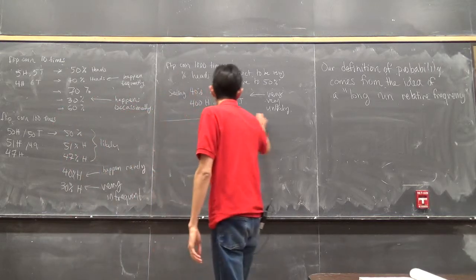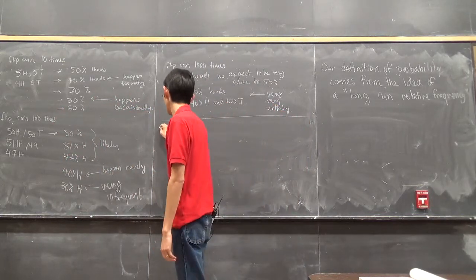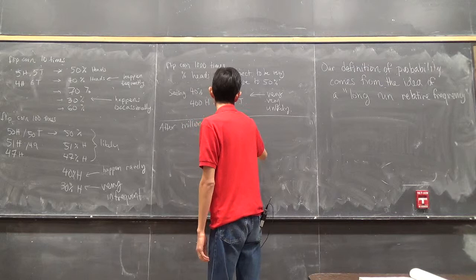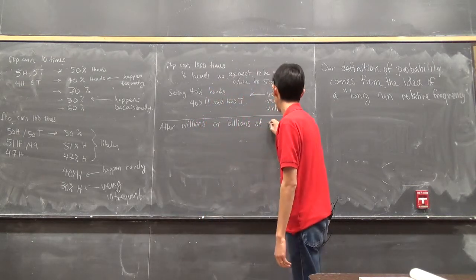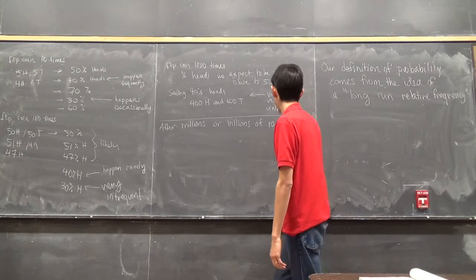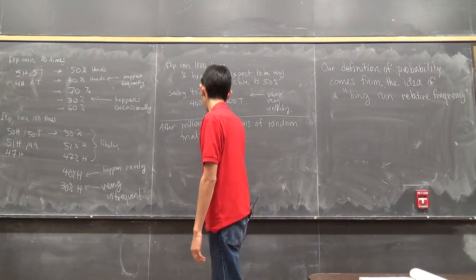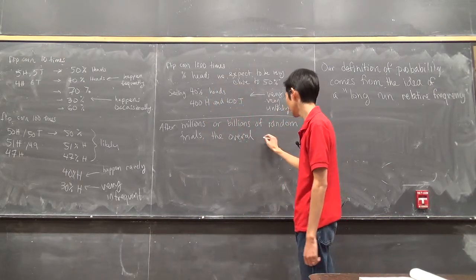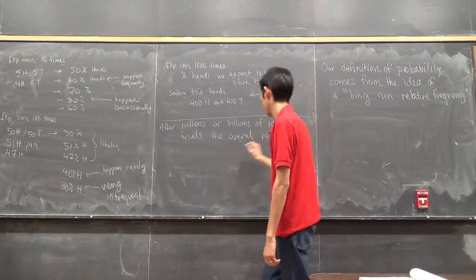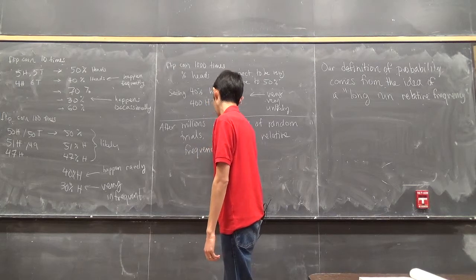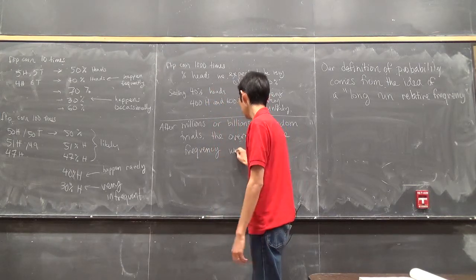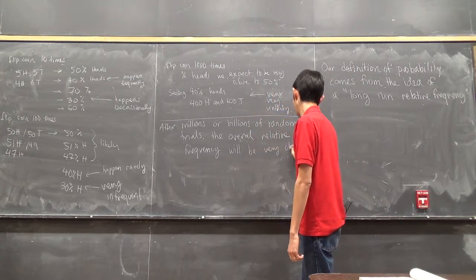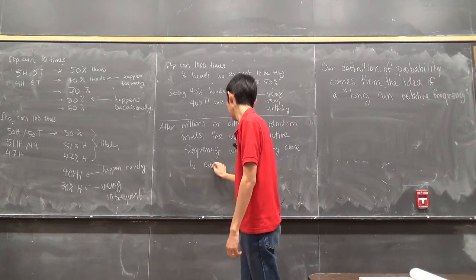What we're saying is that after millions or billions of coin flips, or I should not just say coin flips, but random trials, the overall relative frequency will be very close to our theoretical probability.